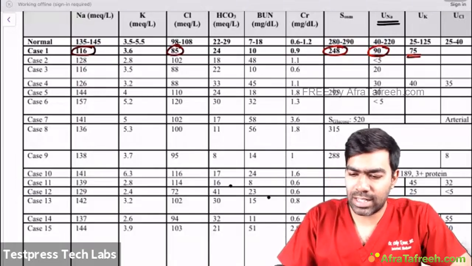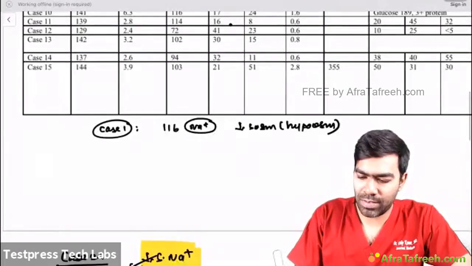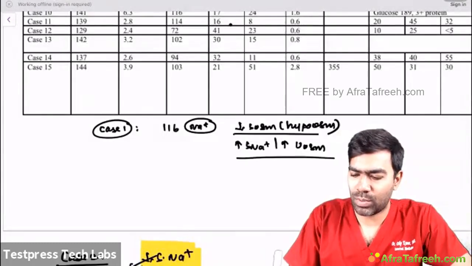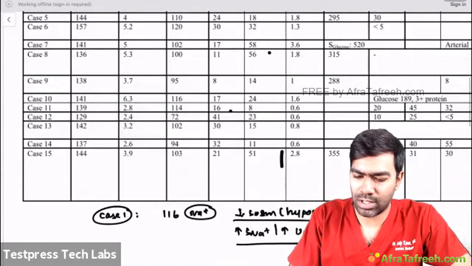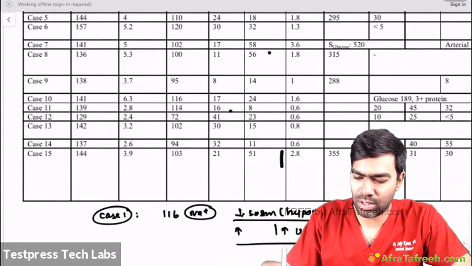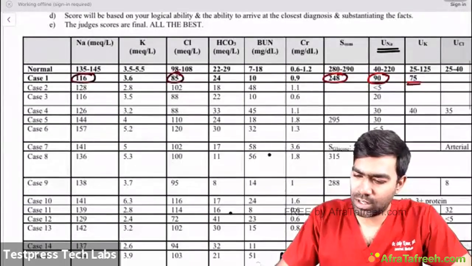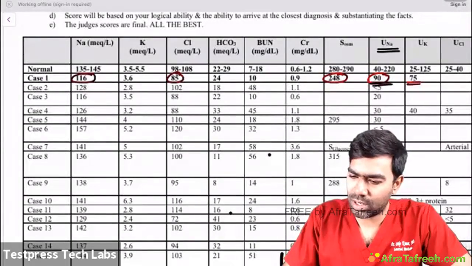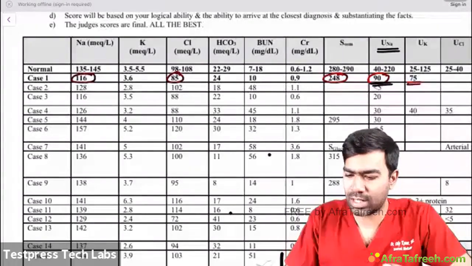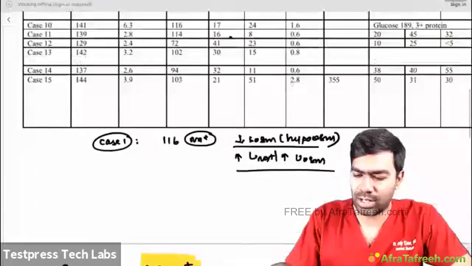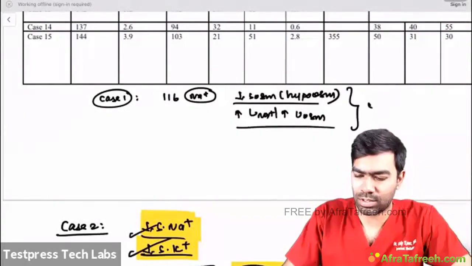Then I can see the serum osmolality and urine sodium. Sorry, I'm having an increased urine sodium and increased urine osmolality. This is what I'm seeing. So as per our understanding, in this setting I'll be thinking more likely of an SIADH kind of a process.